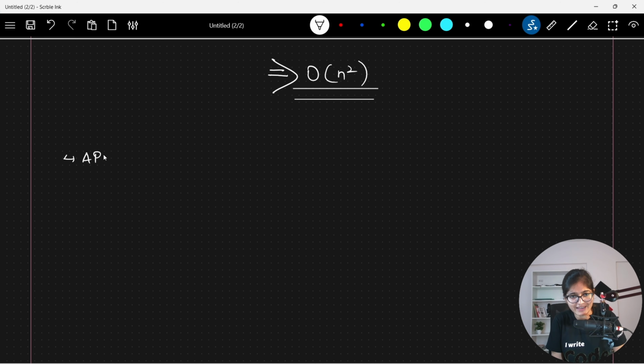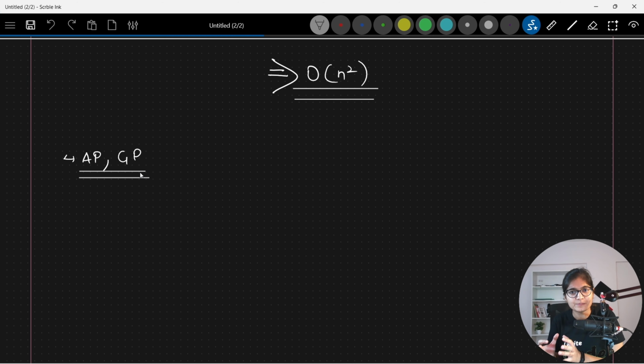These AP and GP we have already studied in our higher mathematics, 11th, 12th, I would say. Arithmetic progression or geometric progression, geometric series. You should be aware of what AP is, what GP is, the formula to calculate the sum of an AP series, and the formula to calculate the sum of a GP series, right? Standard formulas you should know. What is the sum of n natural numbers, right?